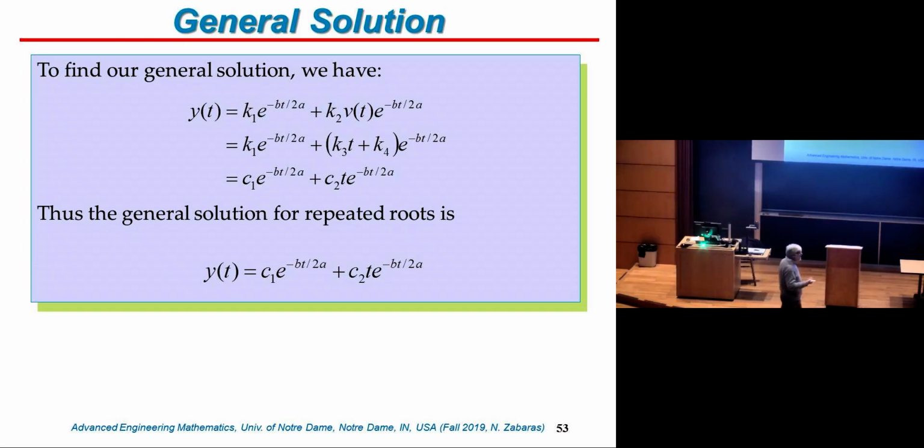So basically, if the coefficients are constant, in addition to the e to the minus bt over 2a, immediately try, without any proof, t e to the minus bt over 2a. All right? If now the coefficients are functions of time, do the general methodology and derive a differential equation for v, and then v times the first fundamental solution will give you y2.